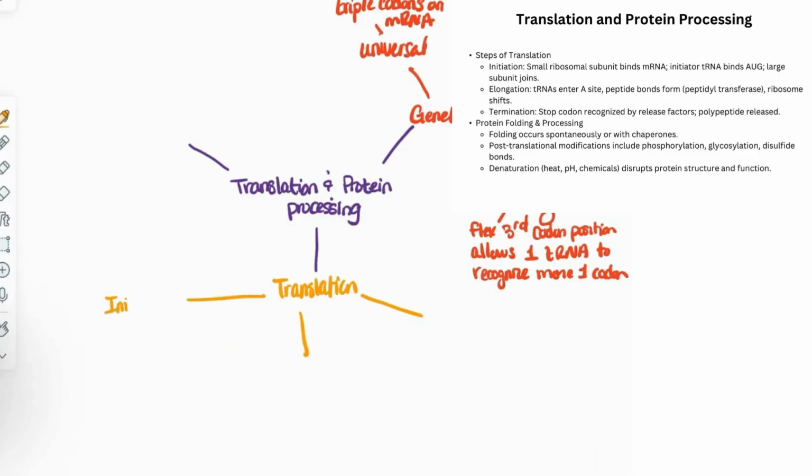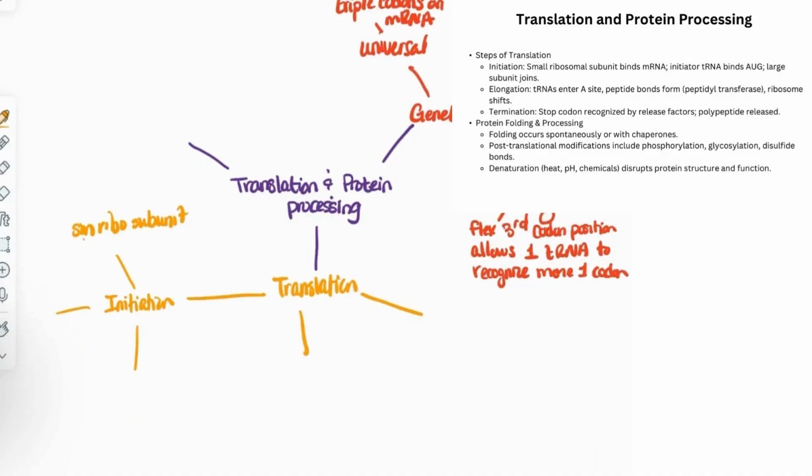First, initiation, with 3 branches: small ribosome subunits, a subunit that binds to the messenger RNA; then a start codon, the AUG, that is recognized by transfer RNA; and the large ribosomal subunit assembles.